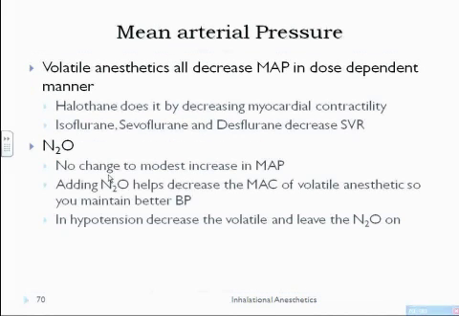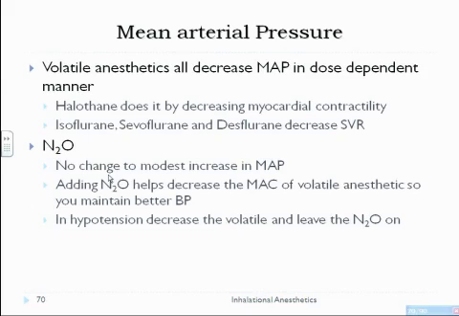If you look at mean arterial pressure, volatile anesthetics all decrease mean arterial pressure in a dose-dependent manner. The way halothane does it is by decreasing contractility. Halothane tends to be much more effective at inhibiting voltage-gated calcium channels in comparison to fluranes, which seem to attack the sodium channels more.